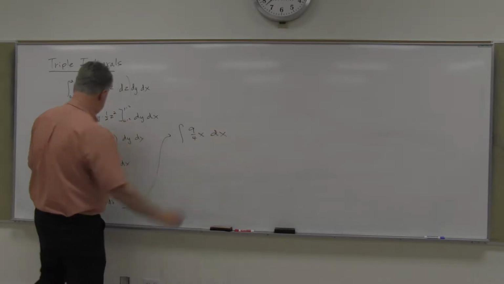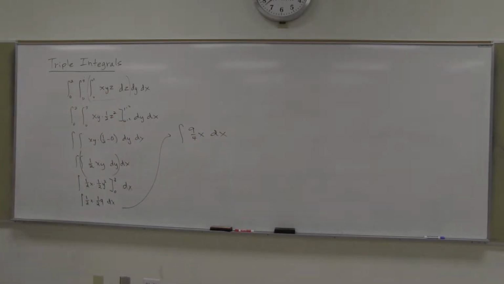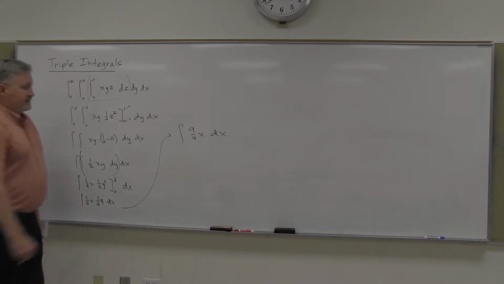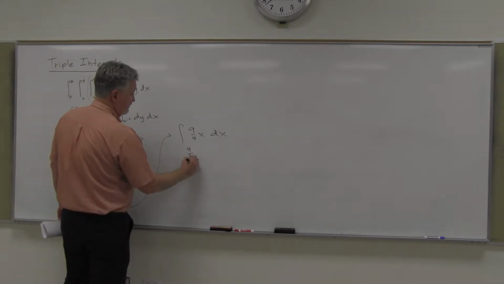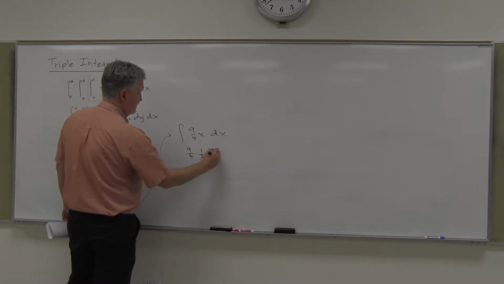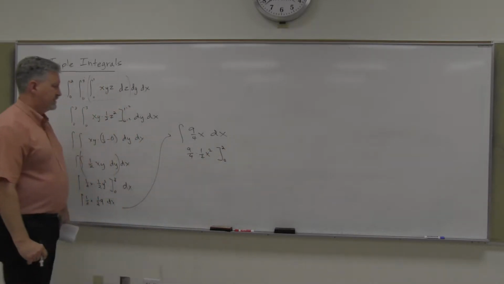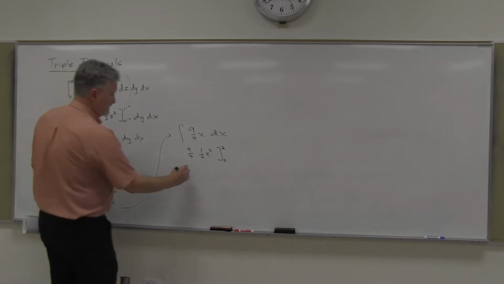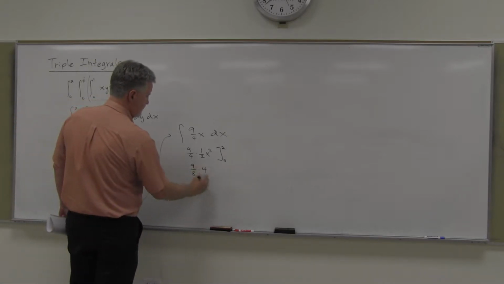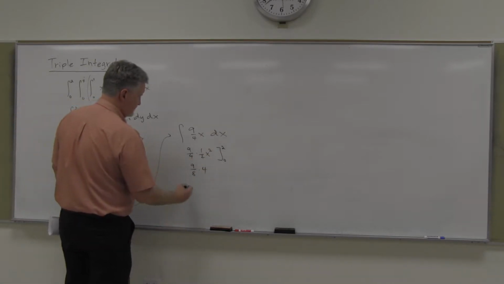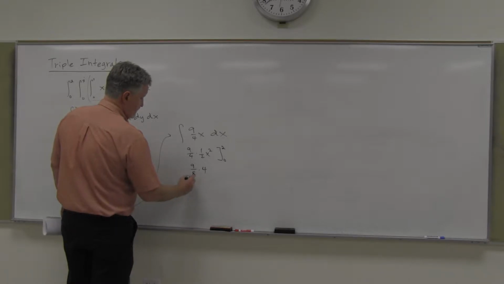That's all that's left. 1/2 times 1/2 times 9, 9/4. Easy enough, so that's 9/4 times 1/2 x squared. And the x's go from 0 to 2. So I get 9/8 times 4, and 0 to 0, so 9/2.